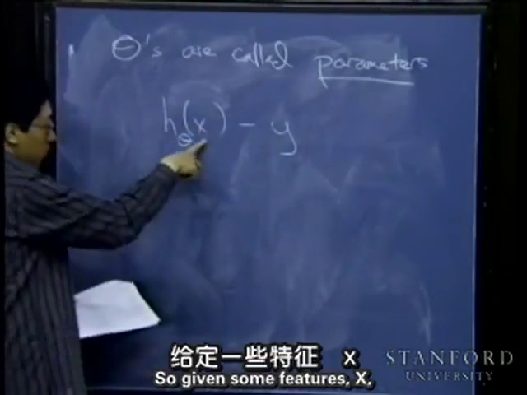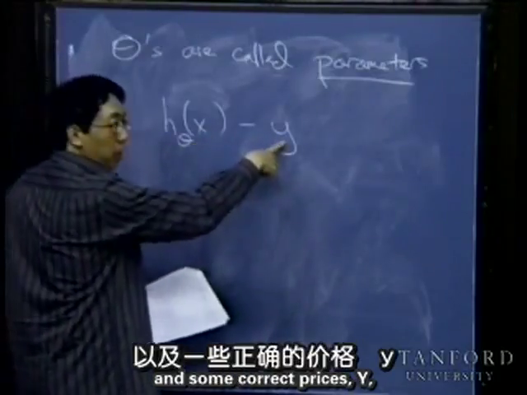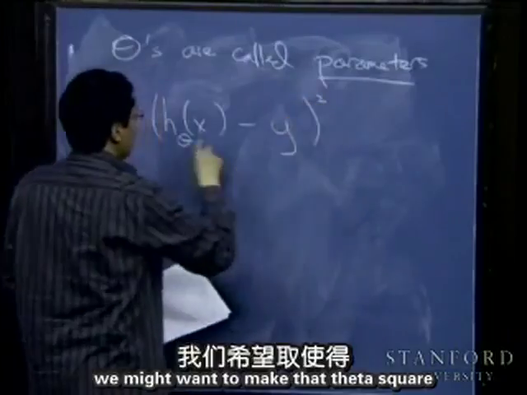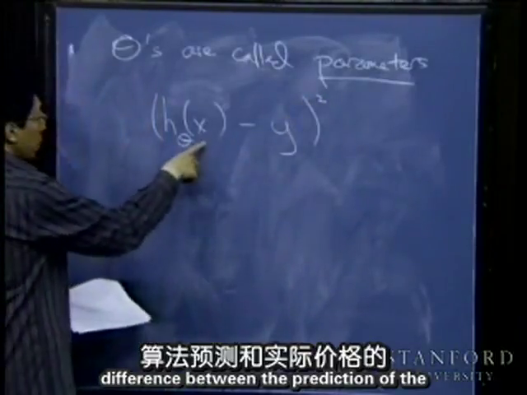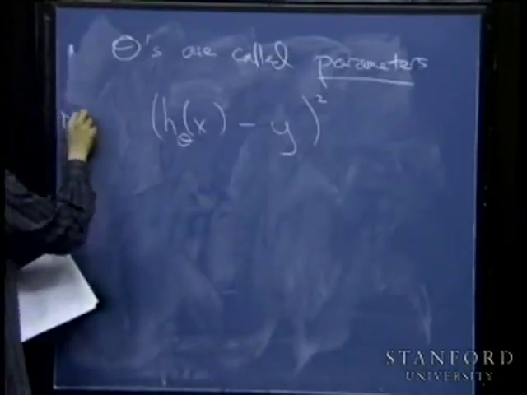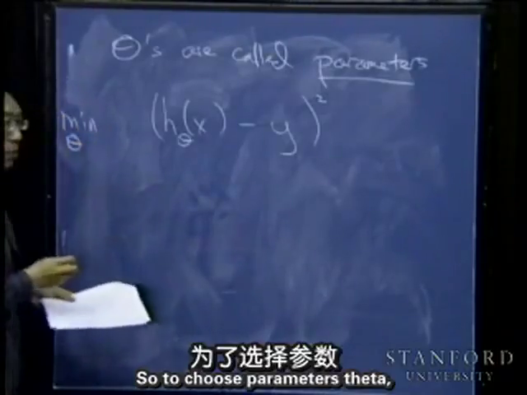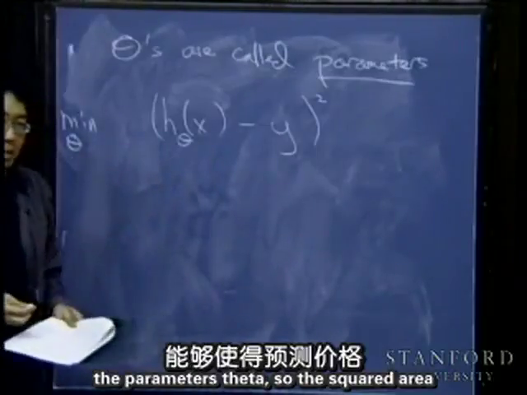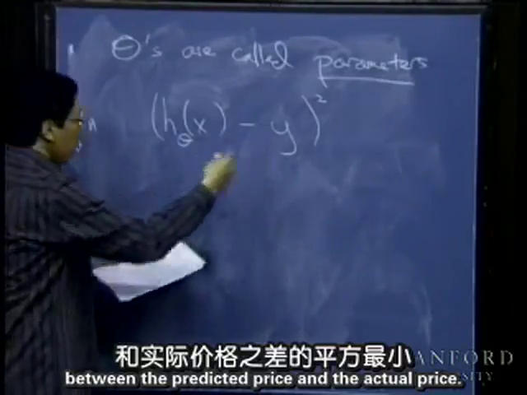So given some features X and some correct prices Y, we might want to make the squared difference between the prediction of the algorithm and the actual price small. So to choose the parameters theta, let's say we want to minimize over the parameters theta the squared error between the predicted price and the actual price.